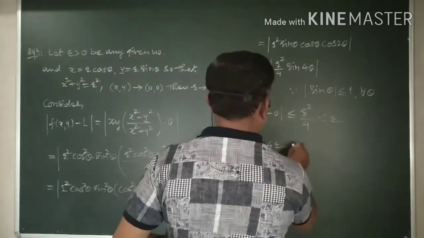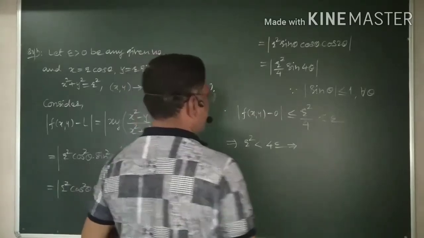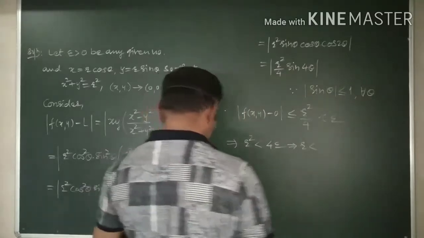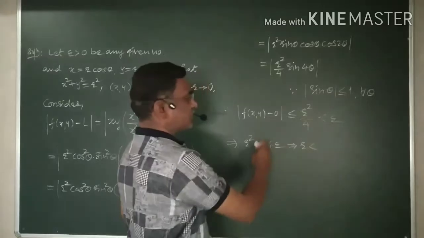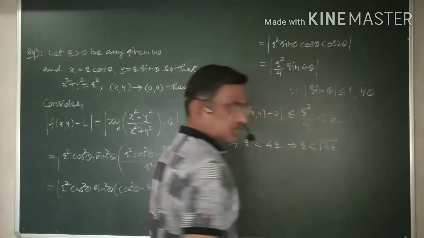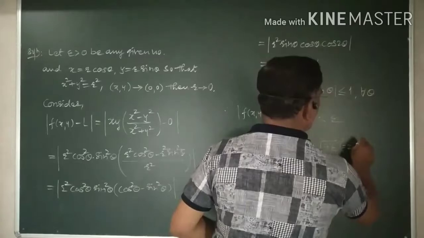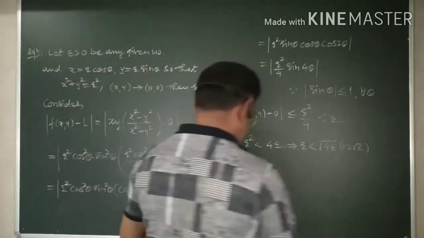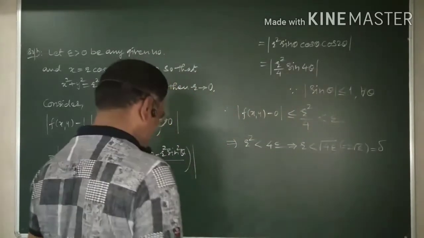Taking the square root, r is less than root of 4 epsilon, which is 2 root epsilon. Let me call this delta.